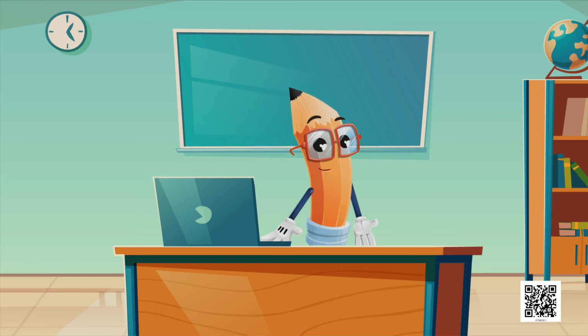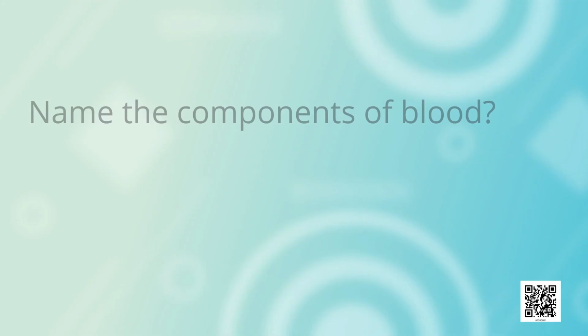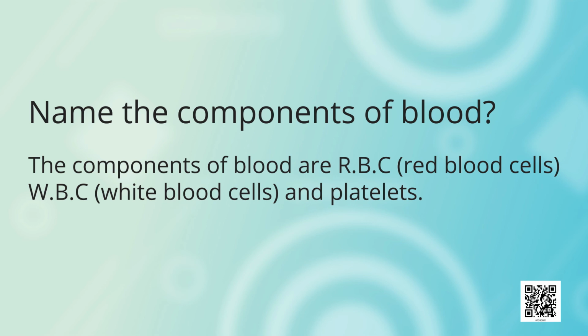Now, dear students, let us discuss some questions. I hope you all know the answers. First question: name the components of blood. Yes, the components of blood are RBCs, red blood cells, WBCs, white blood cells, and platelets.